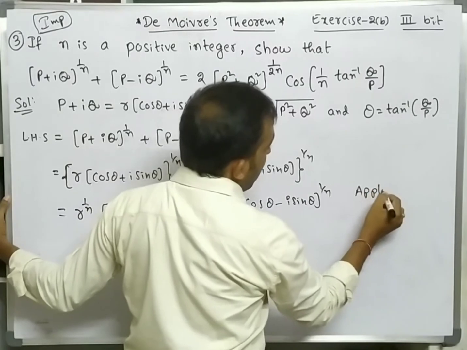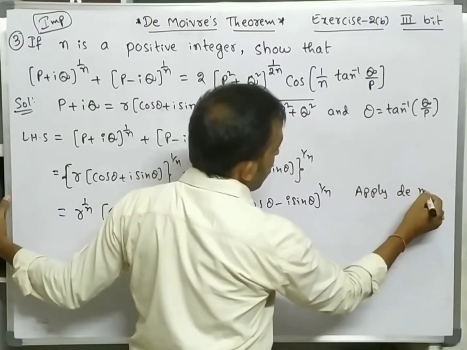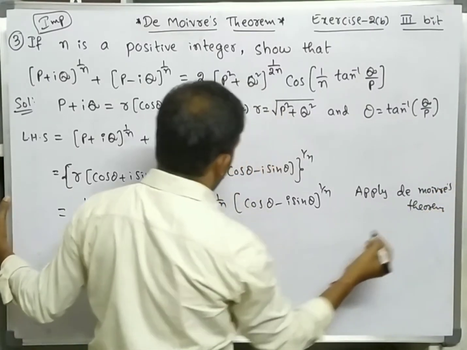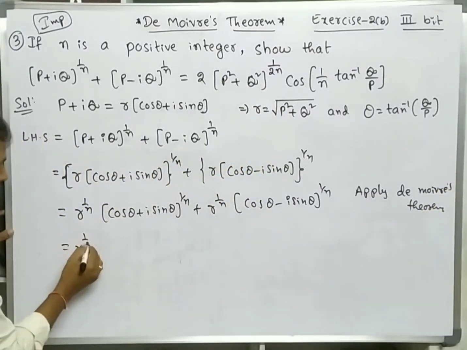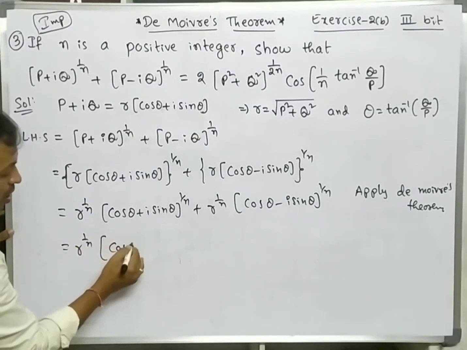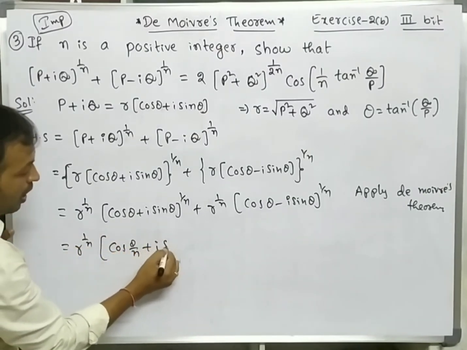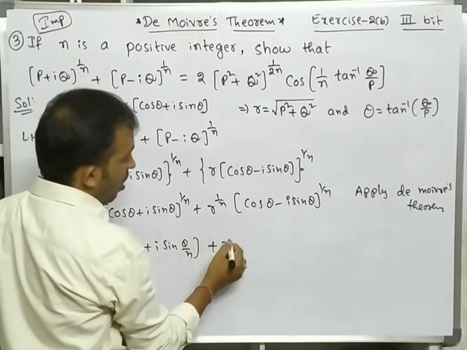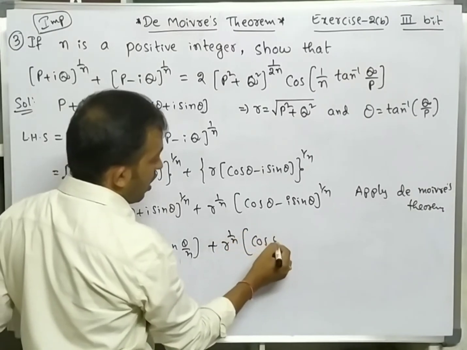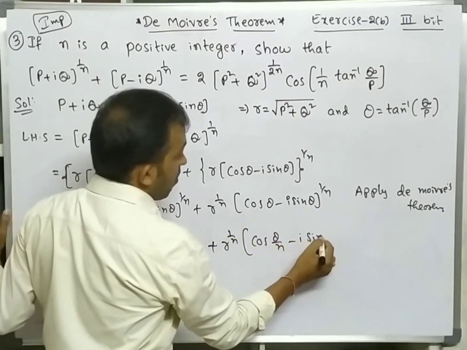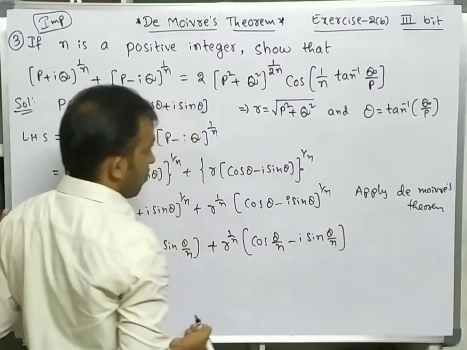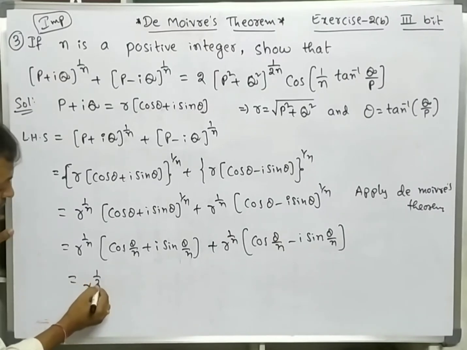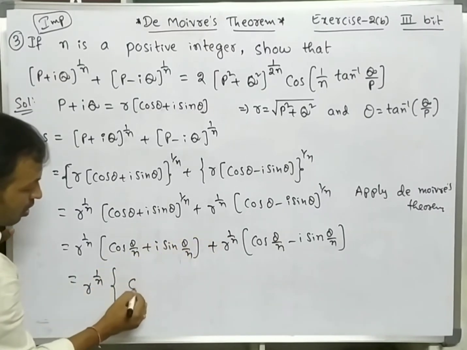Now apply De Moivre's theorem. We can write it as r power 1 by n into cos theta by n plus i sin theta by n, plus r power 1 by n into cos theta by n minus i sin theta by n. Now r power 1 by n is common in both terms. Then what is remaining?